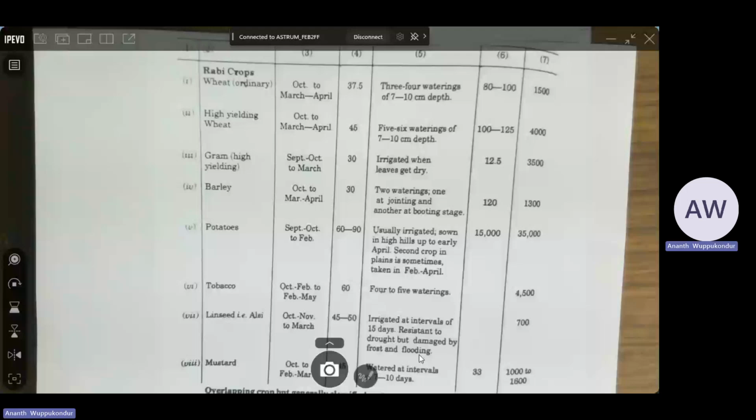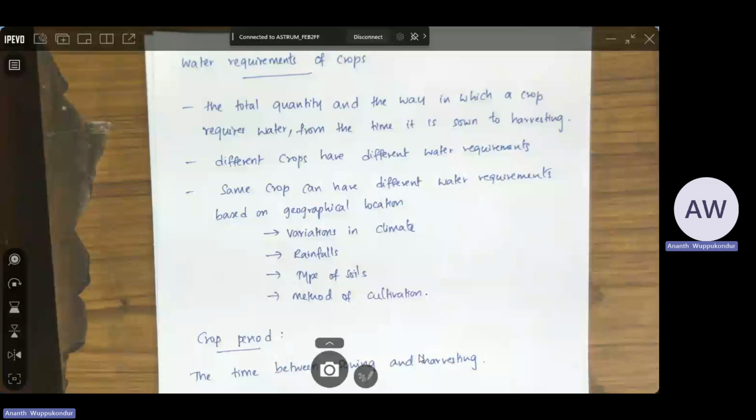Some crops may require the soil to be prepared well before sowing the seeds, so they require some measure even before we sow the seeds. For example, groundnuts or peanuts require some soil moisture before you sow the seeds.